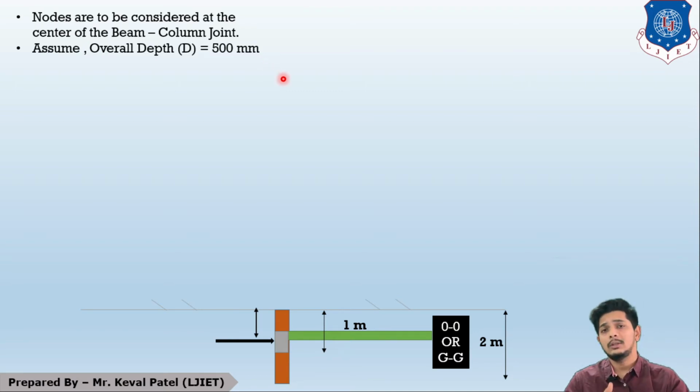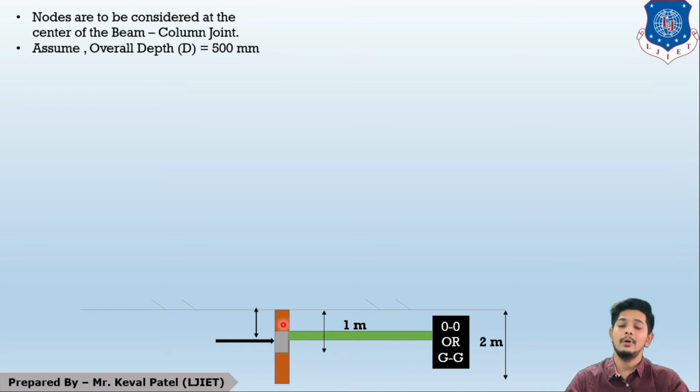Now, nodes of the buildings are generally in the center of the beam. So here I have shown something. This orange area is showing the column, this gray area is showing the beam, and this green area is showing a slab. This line is given as the ground line.